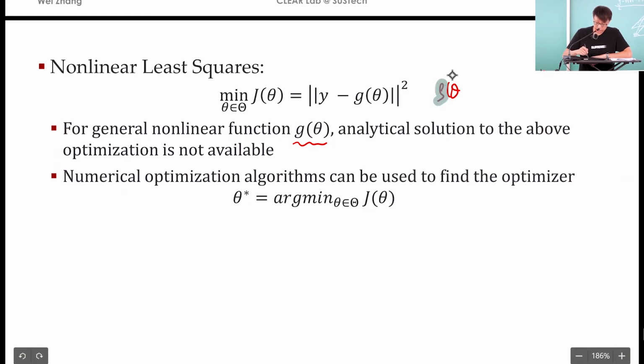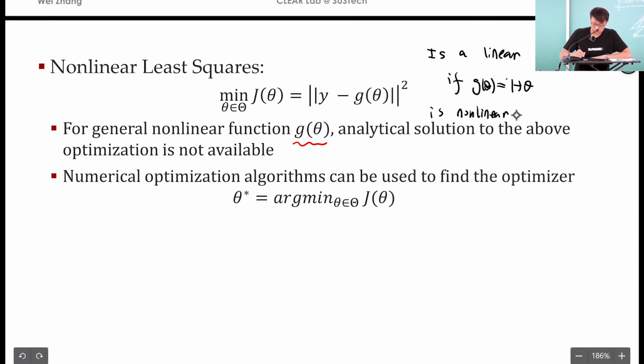So g of theta is a linear least square if g of theta equals h times theta. Otherwise, it's nonlinear.